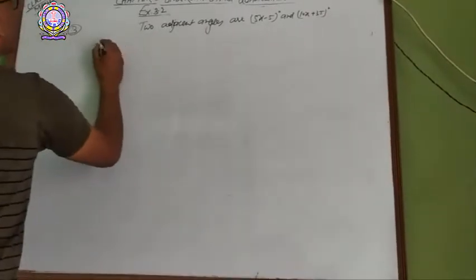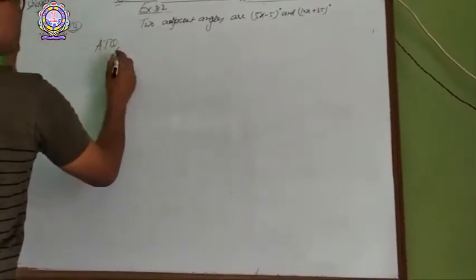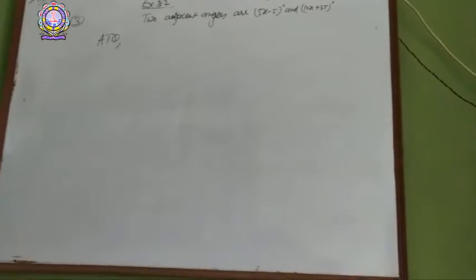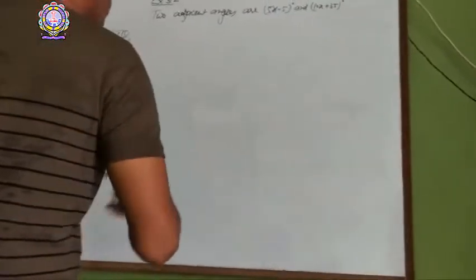These are two adjacent angles of a parallelogram. Okay, we know the property of a parallelogram, that the sum of adjacent angles must be equal to 180 degrees.